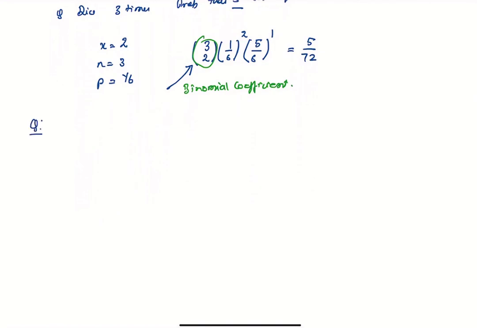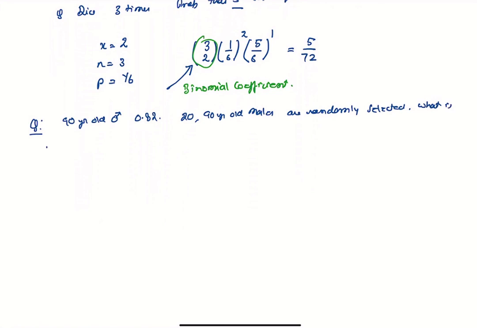Now another question: the probability of a 90-year-old male surviving another year is 0.82. If 20 90-year-old males are randomly selected, what is the probability that exactly 18 survive for another year?